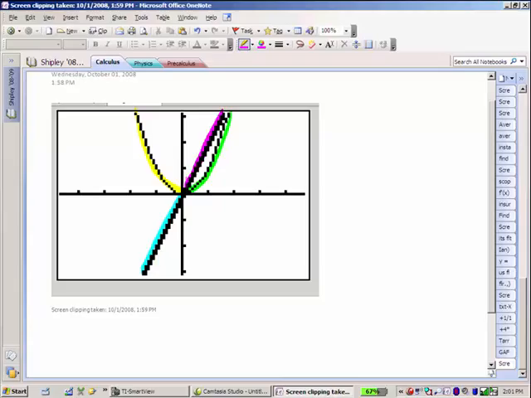Function's increasing. What's another name for derivative? Slope. Isn't this part of the derivative function positive? What do we mean by positive? Above the x-axis, right? And right down here at 0, that's where the derivative is 0.